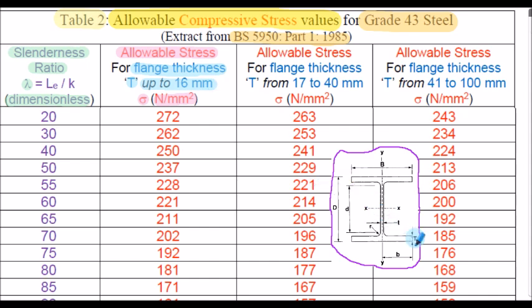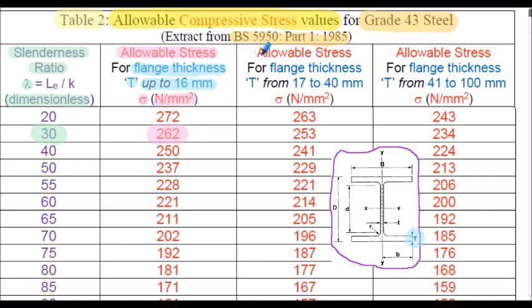So as long as the capital T dimension for our particular universal column or section is no greater than 60 millimeters, these would be allowable stresses for our particular section. So for example, for a slenderness ratio of 30, the allowable compressive stress, if the flange thickness is no greater than 60 millimeters, is 262 newtons per millimeter squared.